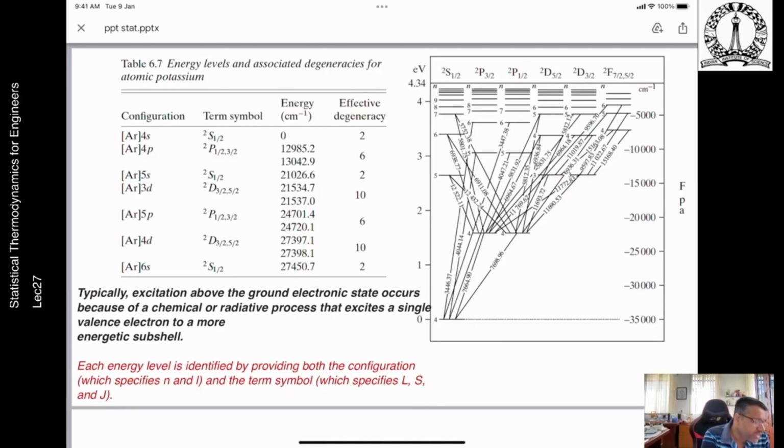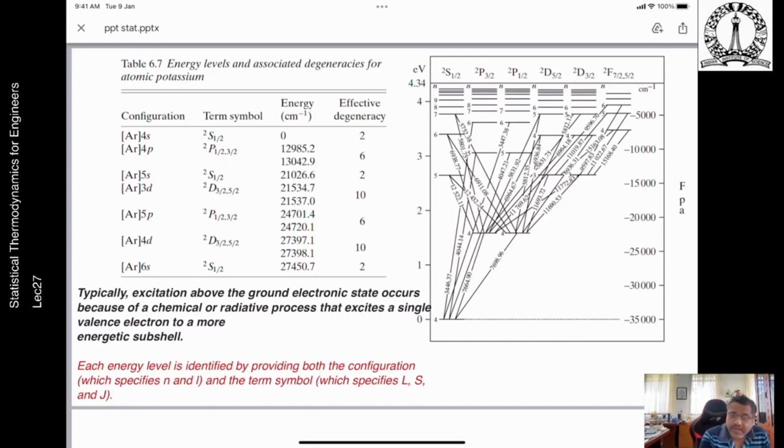These are quite possible, and we will see what the effective degeneracy is. This is something that we have not covered so far. We will do that in a minute. As you can see, this is a typical energy level diagram for potassium, and it indicates the allowable energy levels and the allowable energy transitions that you can have.